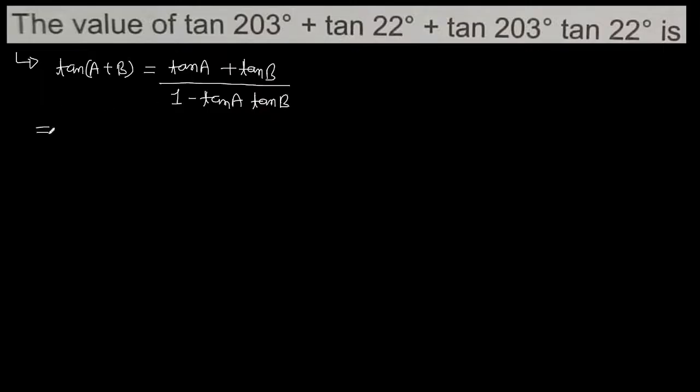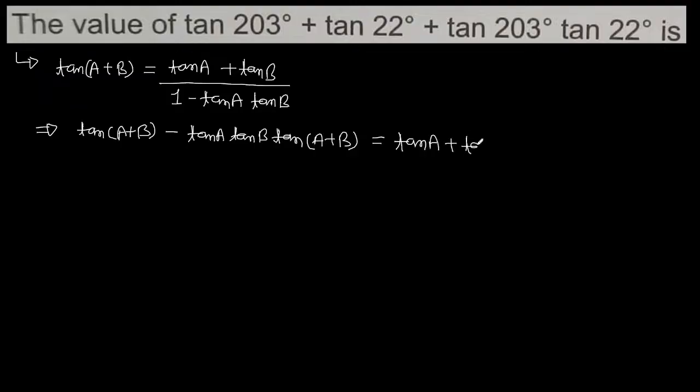This is A plus B. Can we say it something like tan(A plus B) is equal to tan A plus tan B upon 1 minus tan A tan B. If you do cross multiplication, it is tan(A plus B) minus tan(A plus B) tan A tan B equal to tan A plus tan B.